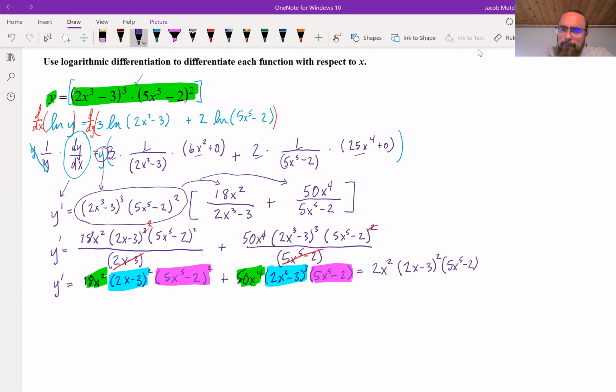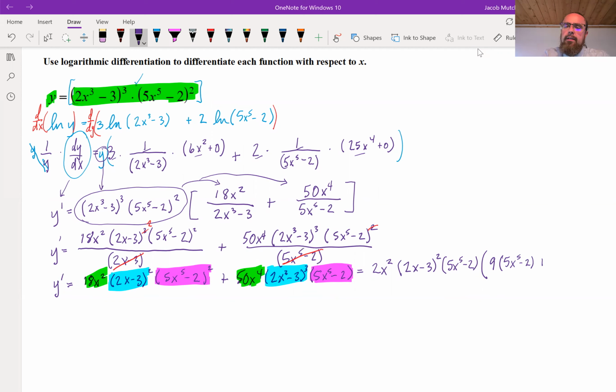So from the first term, if I divide 18x squared by 2x squared, I'd have 9 left. And then I've factored out all of what's highlighted in blue and everything except one of the binomials, 5x to the 5th minus 2. I had factored out just one of those.